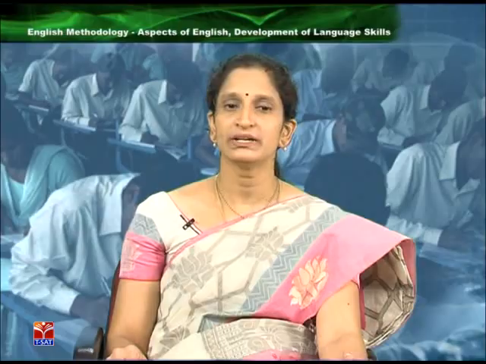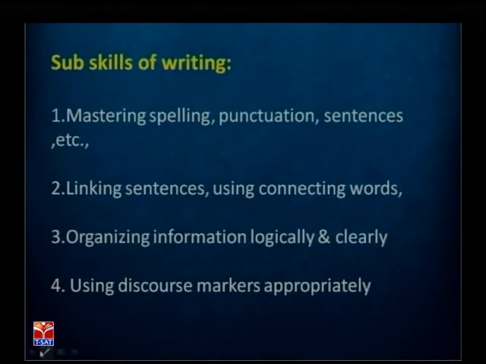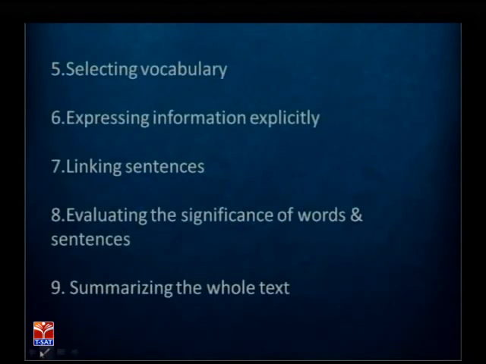Next one, using discourse markers appropriately. What type of discourse markers are we using exactly? Those should be appropriate, then only the reading will be very comfortable. Next one, selecting vocabulary. Proper and well known vocabulary should be introduced in the writing.